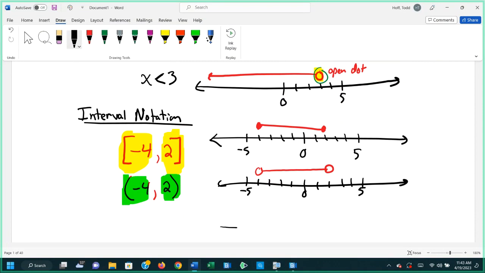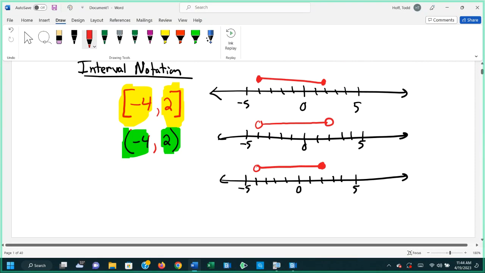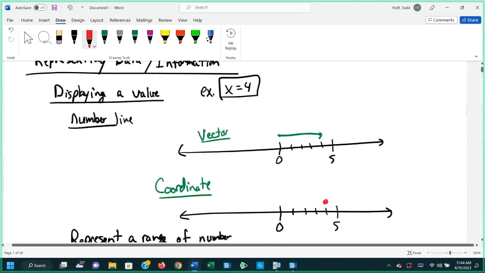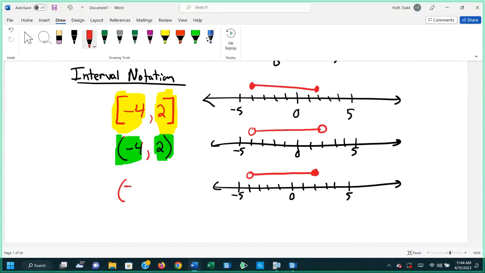And of course, we can mix and match. It could have been like this. So there, the -4 is not included, but the +2 is. So we would have the round bracket at -4 saying the -4 is not included, and the square bracket at the 2.